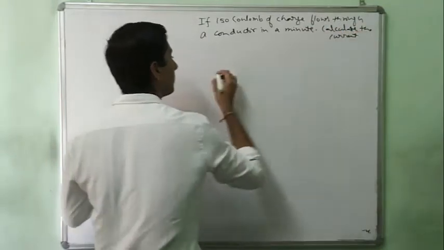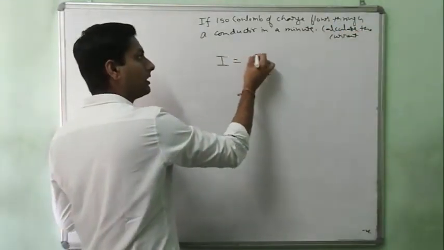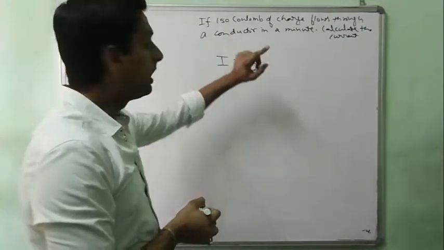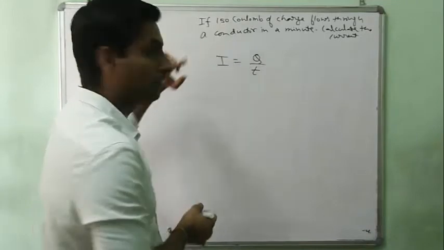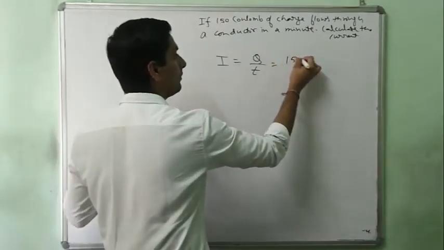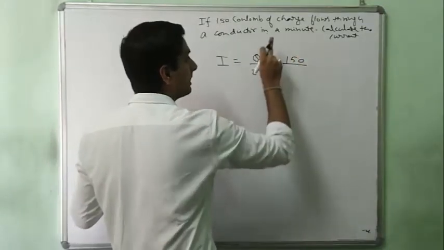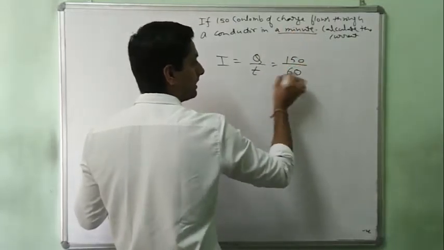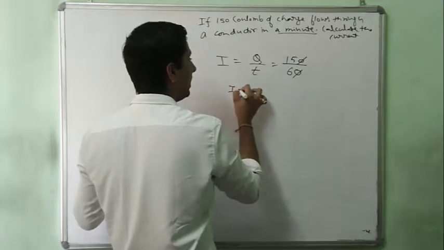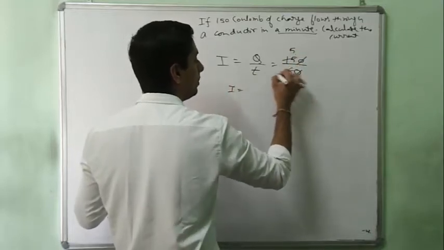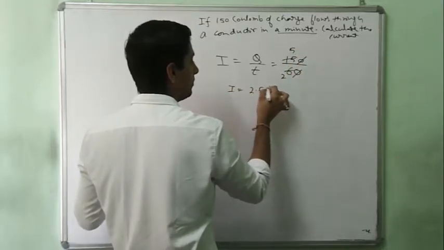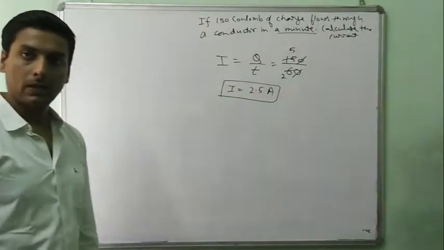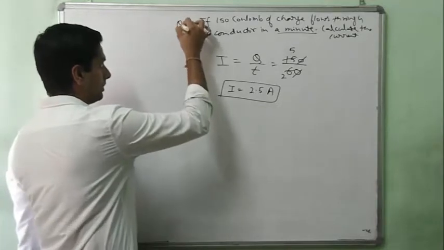Now see here, you have to find out the current, and current is Q by T, and Q, that is charge, is in coulomb, and coulomb is given to you, 150. That means Q is 150 divided by time, which is in seconds while it is given in minutes. So 1 minute constitutes 60 seconds. So your current becomes 150 by 60 and this becomes 2.5 amperes of current. Correct? This is one question.